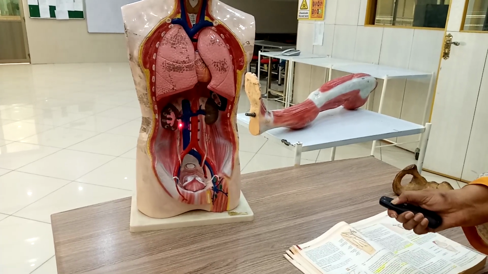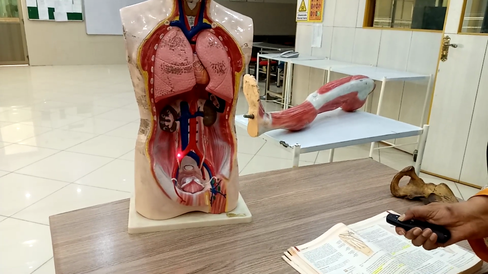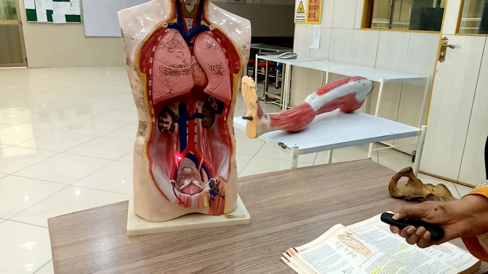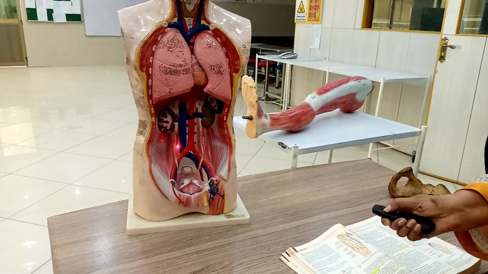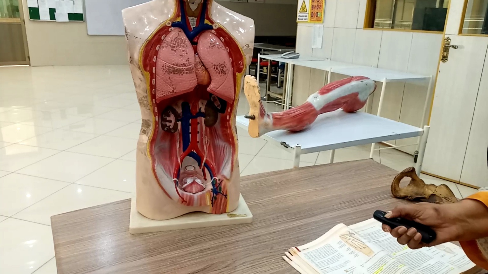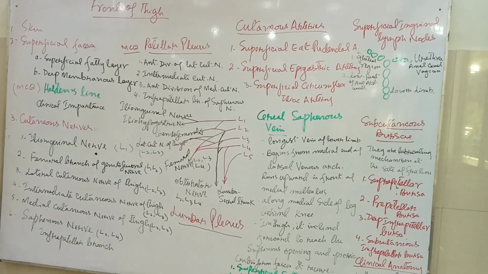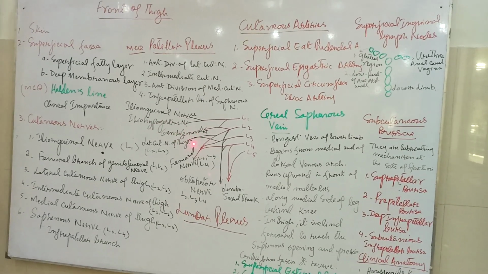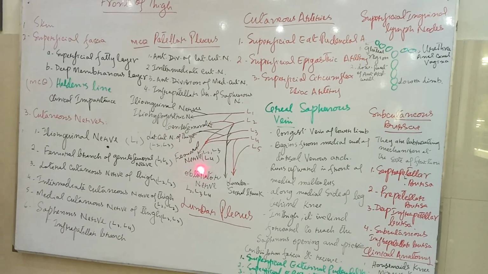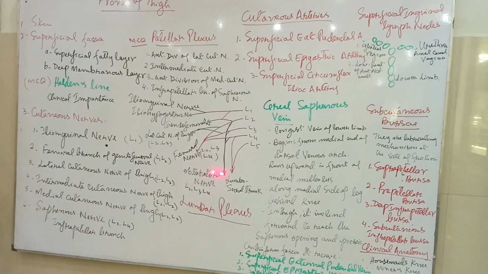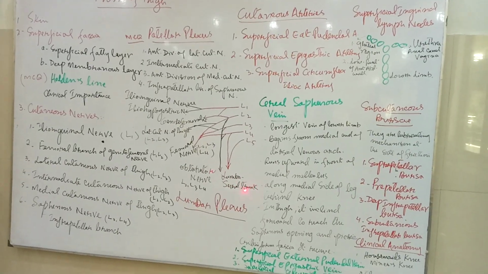This is the ureter, and under this ureter is the psoas major muscle. The lumbar plexus is formed within this muscle: ilioinguinal nerve, iliohypogastric nerve, genitofemoral nerve, lateral cutaneous nerve of the thigh, femoral nerve, obturator nerve, and lumbosacral trunk.